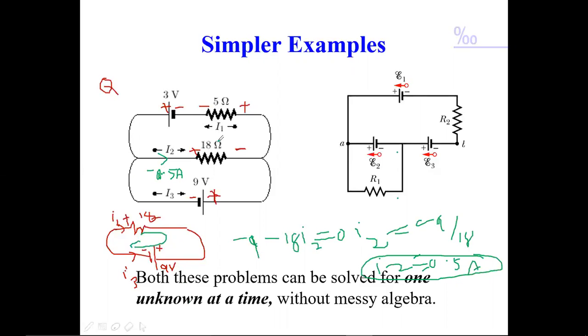Now let me find the other current, I1. For finding I1, you have two loops, right? You can use this branch.